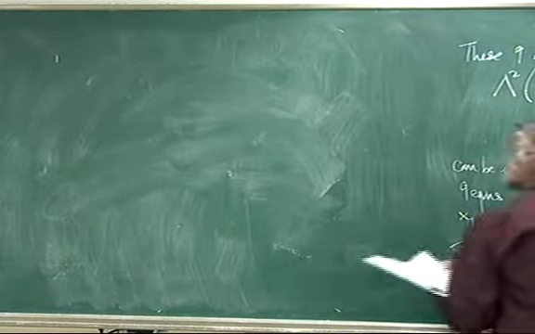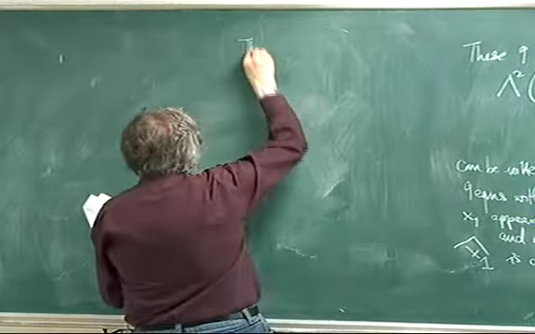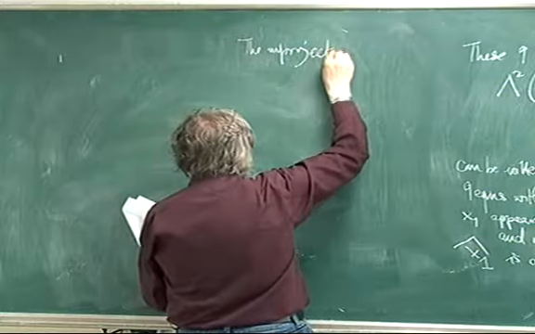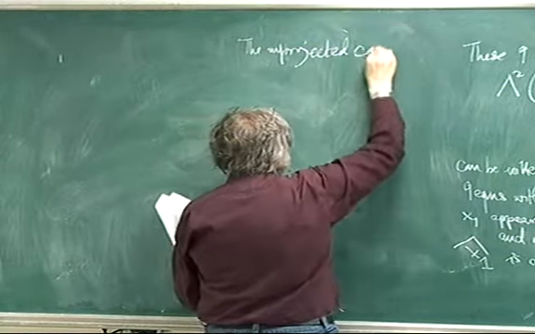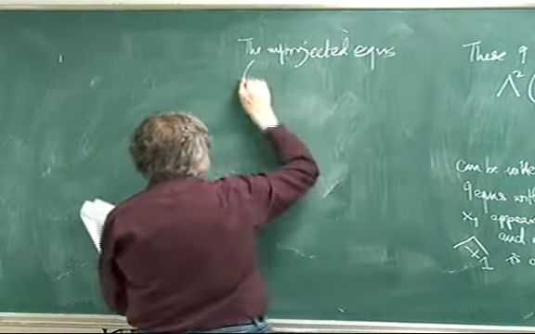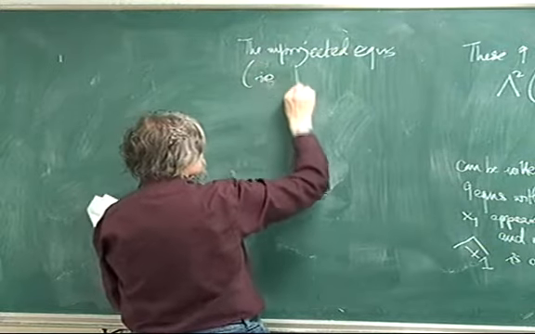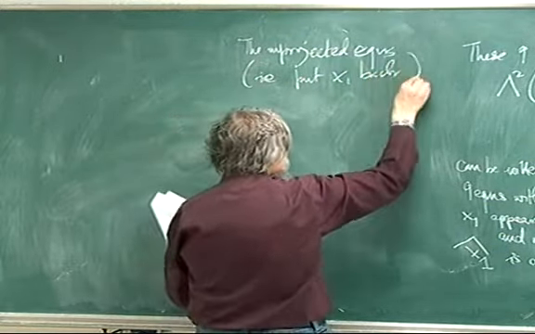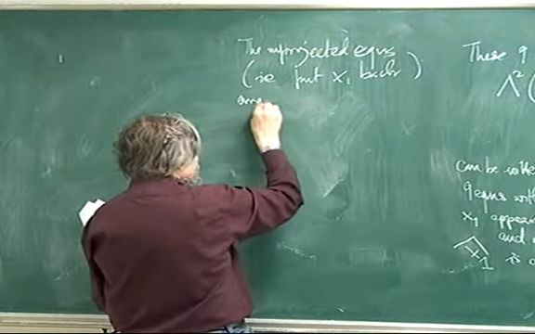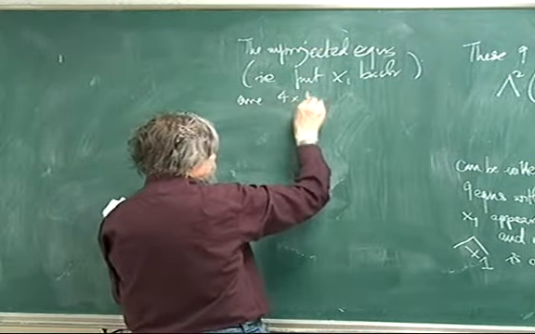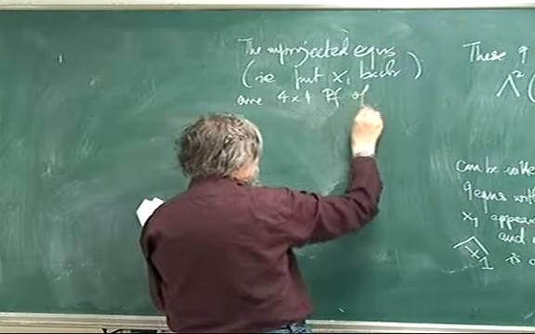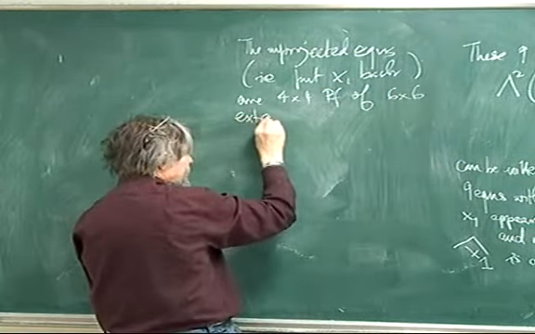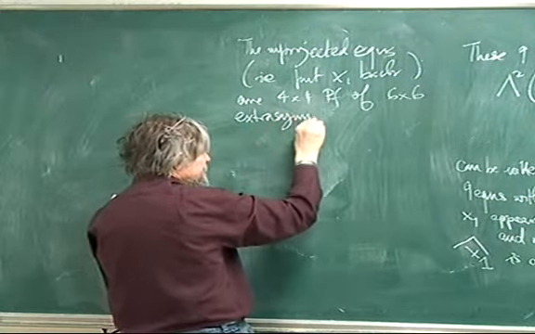And so it turns out that the unprojected equations, so in other words, I put x1 back, are the 4 by 4 Pfaffians of a 6 by 6 skew symmetric matrix.